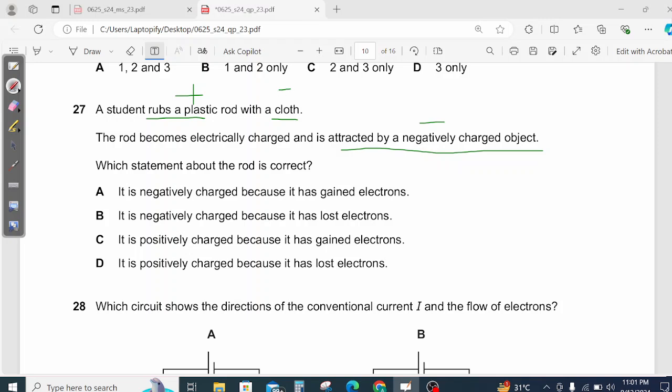As a result, the cloth will get negatively charged and the plastic rod will get positively charged. That is why this plastic rod is attracted by another negatively charged object. So your option will be D here, because the plastic rod has lost electrons, that's why it gets a positive charge.